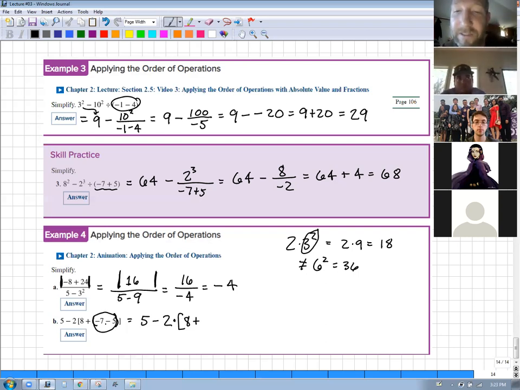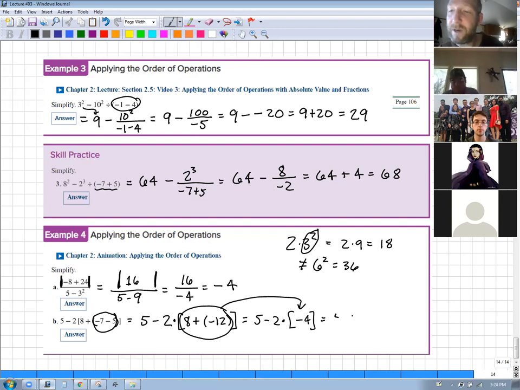So negative 7 minus 5 is what, negative 12? Yeah. All right, so now we have a 5 minus 2 times. Inside here, we have an 8 minus 12, which would be a negative 4.